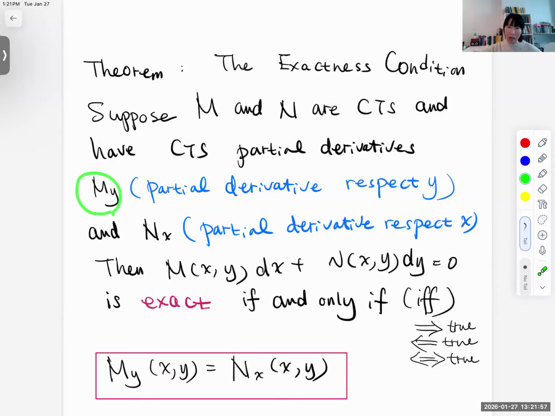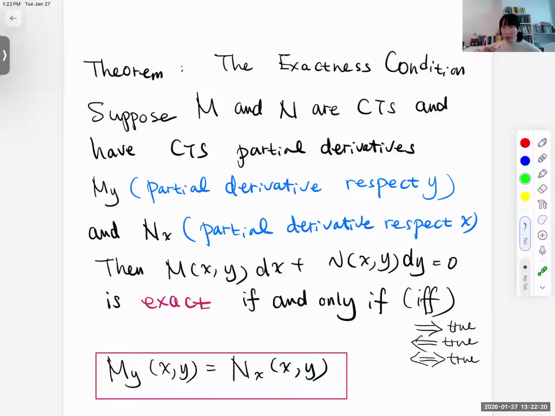M sub y means the partial derivative with respect to y, and N sub x means the partial derivative with respect to x.